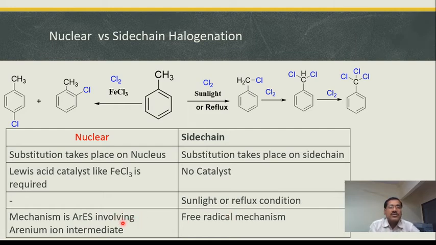And as usual, nuclear halogenation involves the aromatic electrophilic substitution mechanism, which involves an arenium ion as an intermediate, whereas side chain halogenation involves a free radical mechanism.